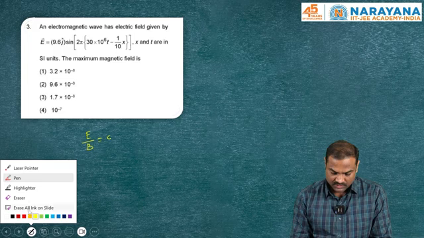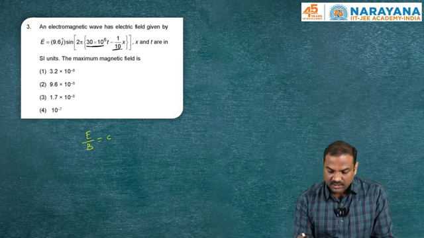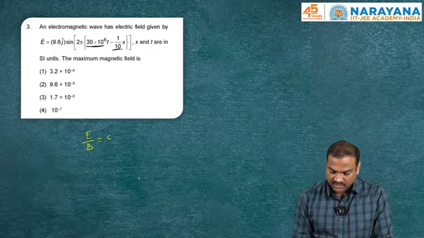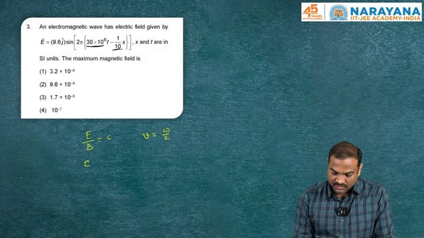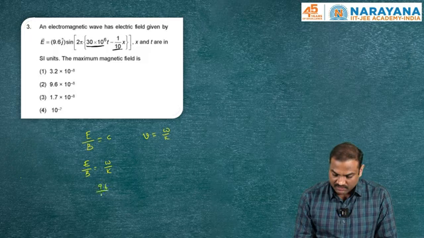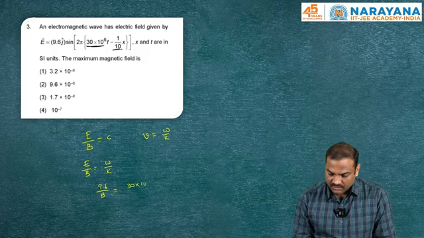If you see this, they have given some omega value and also the k value. From these two terms, we can find the speed as omega by k. So you can write E by B is equal to simply omega by k. They have given the E value as 9.6, so 9.6 by B is equal to omega value of 30 into 10 power 6 by k value of 1 by 10.